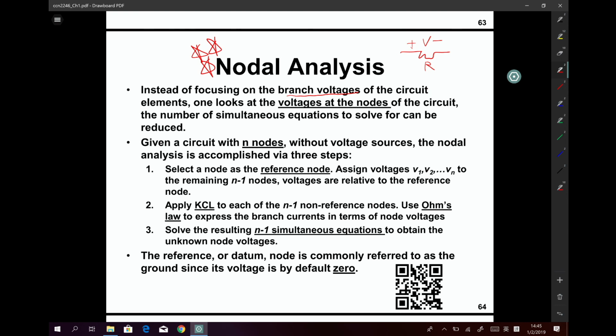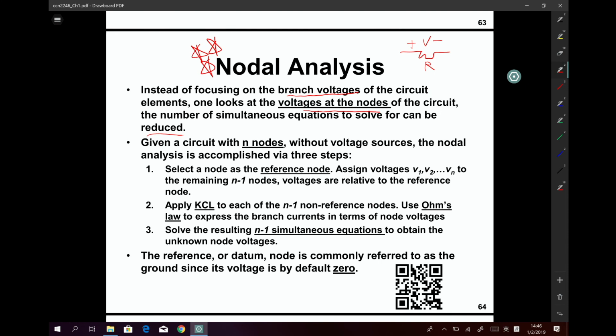In the example we just showed you. Therefore, instead of finding the branch voltage, we are going to find the loop voltage, or the voltage at the loop with reference to some other loops. By finding the loop voltage, the number of simultaneous equations can be reduced.